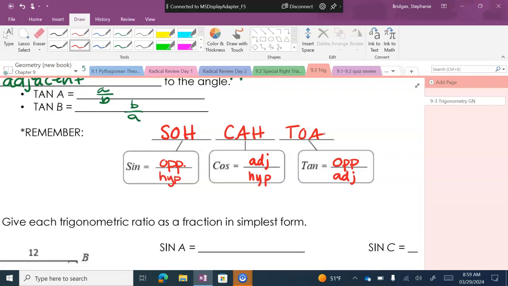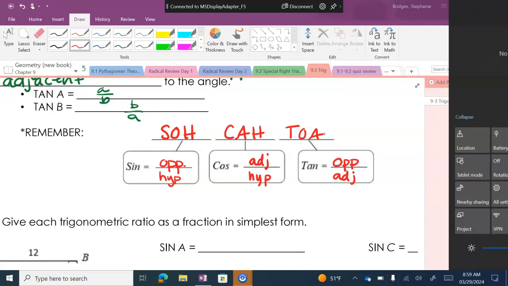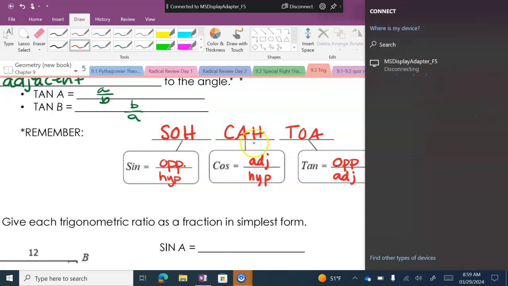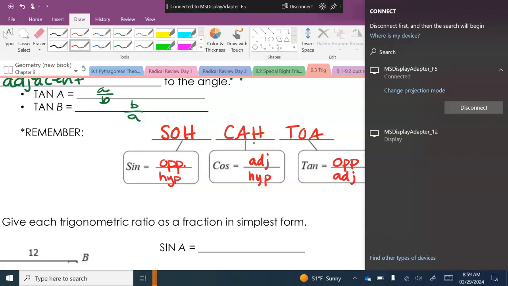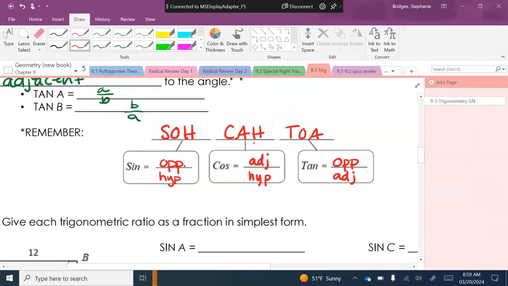SOHCAHTOA is how we say it, and that helps me remember. There we go. So you'll see those letters, S-O-H, C-A-H, T-O-A. That is called SOHCAHTOA, and that helps us remember our ratios.